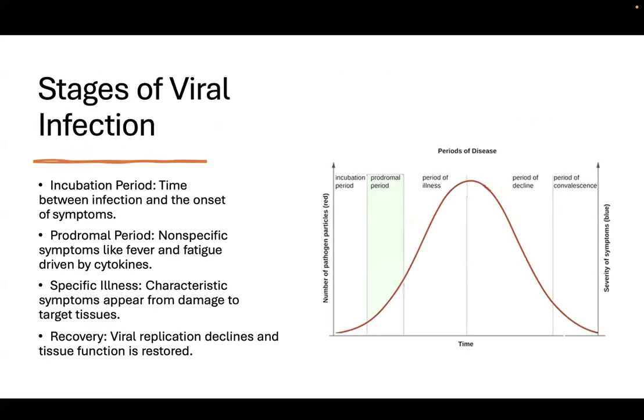So as we said, when it comes to the stages of viral infection, we first have something called the incubation period. This is basically the time between the infection and the onset of symptoms. So if I'm infected, let's imagine with influenza, I'm not going to directly get symptoms. We call this the incubation period, and from the day that I get infected until the day I get a symptom could be 3 days, 4 days, 1 week, or a month.